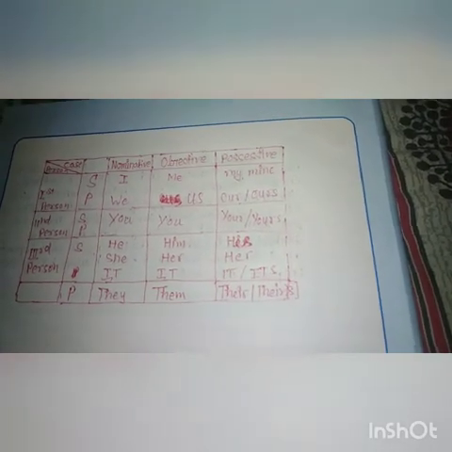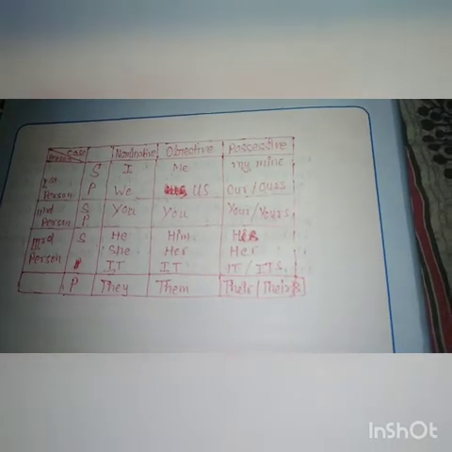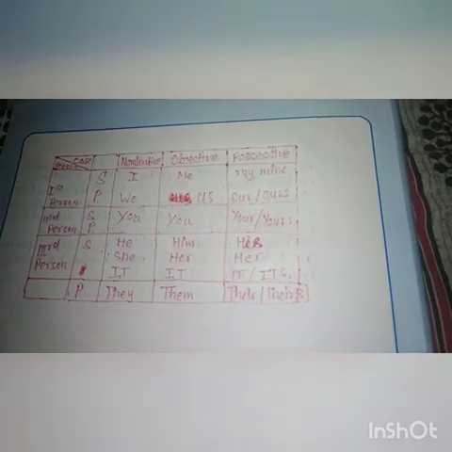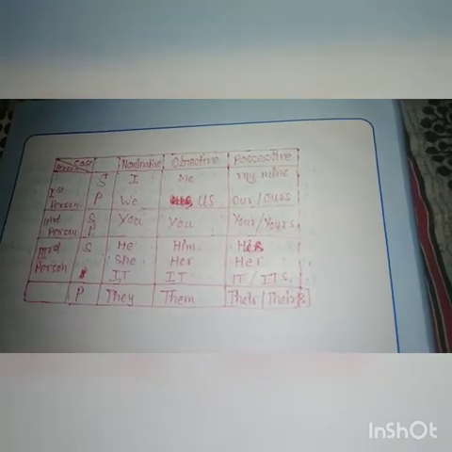Now in second person we have you, which is used both as singular or plural. In nominative we have you, in objective also the same word we need to use, then your or yours. In third person we have singular he, she, it, objective him, her, it, then possessive his, her, it or its.